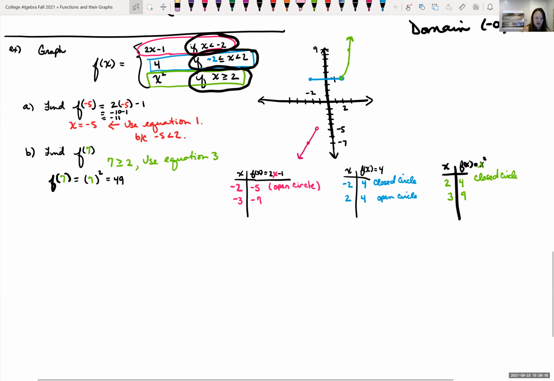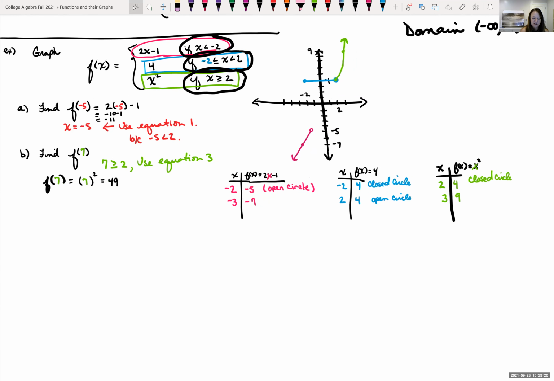The range, though, is where we have to be careful. Notice we're not hitting all the y values in this graph. There's a jump of y values that we're not hitting. We're not hitting any y value between -5 and 4. It looks like I'm not even hitting -5 because that's an open circle. So for the range, I'm coming in from -infinity.